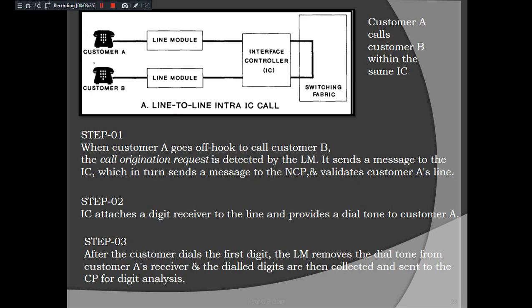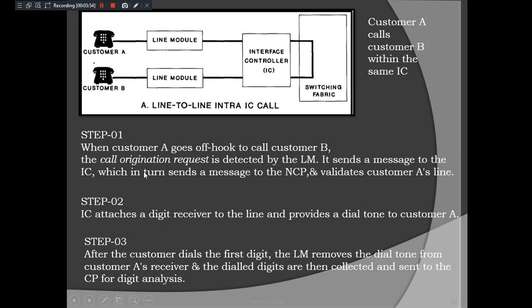When customer A goes off hook to call customer B, the call origination request is detected by its corresponding line module.